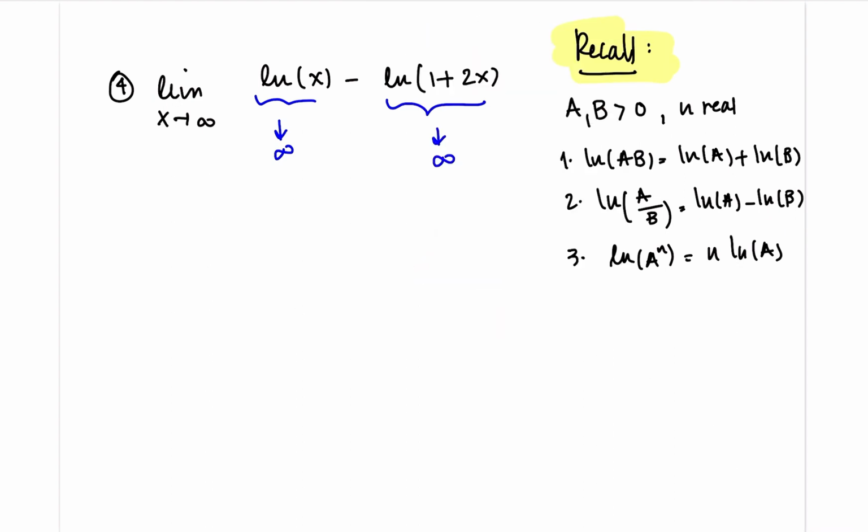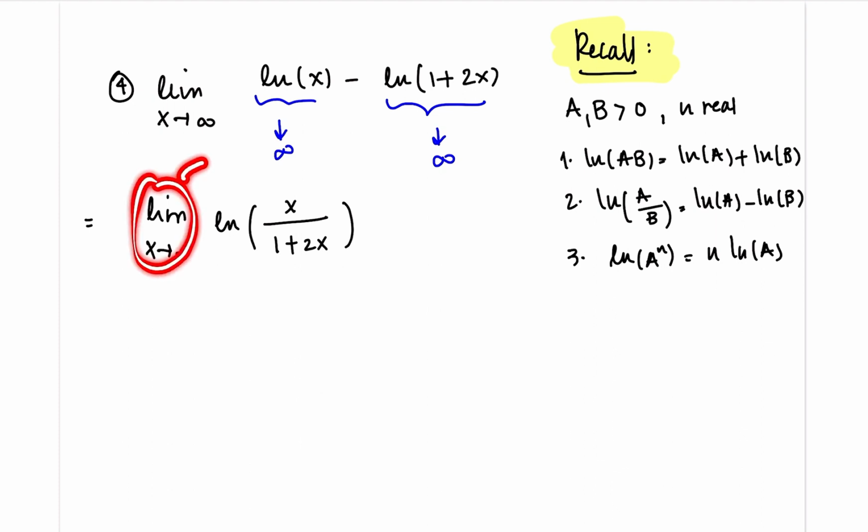Go back to black and say this is the same as the limit as x goes to infinity of the natural log of x divided by 1 plus 2x. Now, we know that the natural log is a continuous function, so I can bring that limit inside.